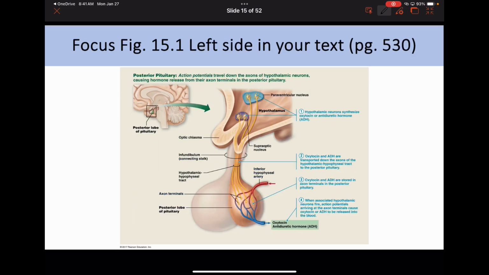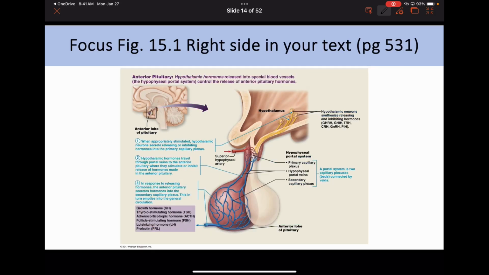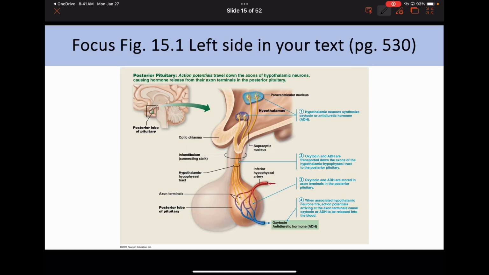And there's for the posterior pituitary. And you can see how anterior pituitary, those hypothalamic neurons are much shorter and they go through a portal system versus the posterior pituitary where those hypothalamic neurons are much longer. They extend all the way down to the posterior pituitary, and then this just acts as a storage area for the release of those hormones or neurohormones.